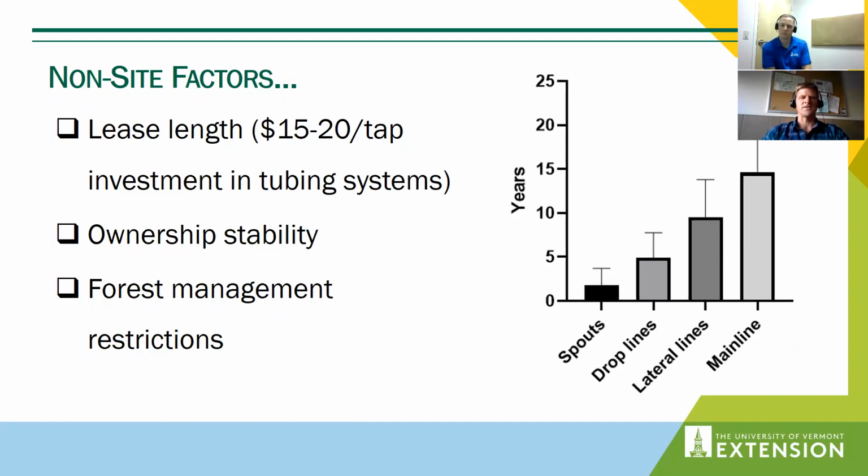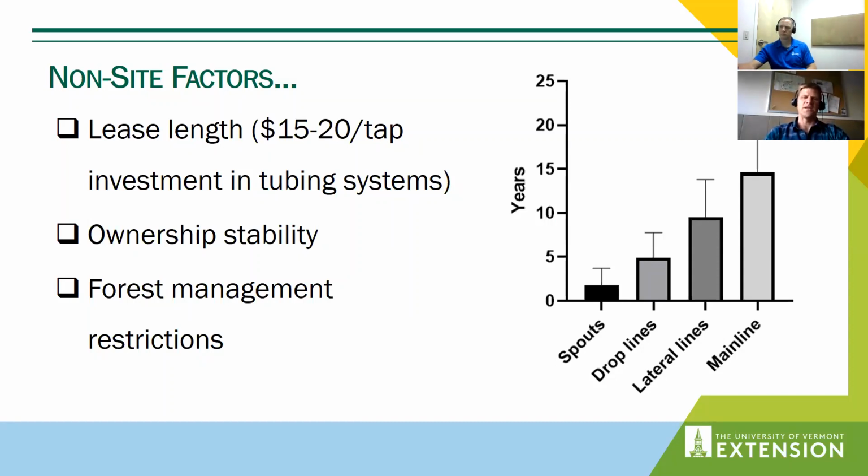It could be more if you're paying an installer, but you need to factor that in. And what's your estimated yield going to be, and what do you think you can really pay off that investment in tubing? So you're going to want to think about lease length as being a critical factor in what you're willing to pay on a per tap lease.